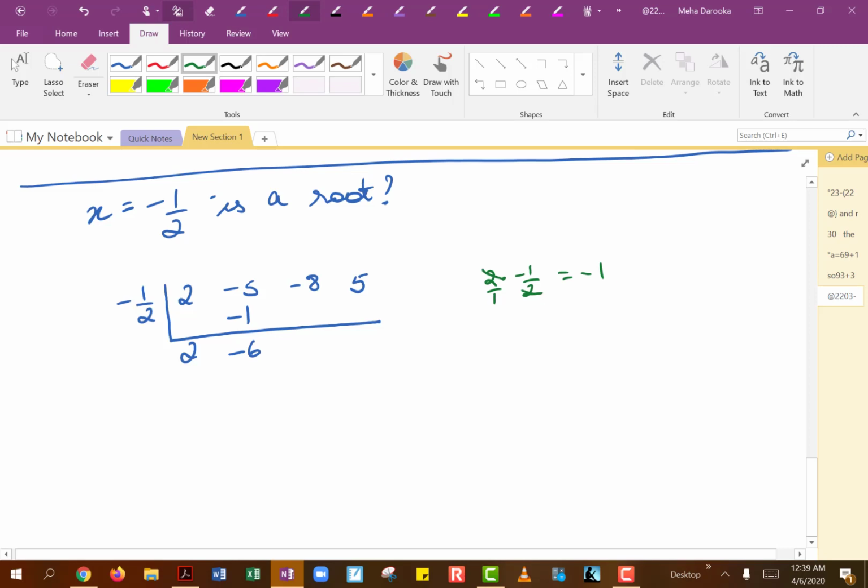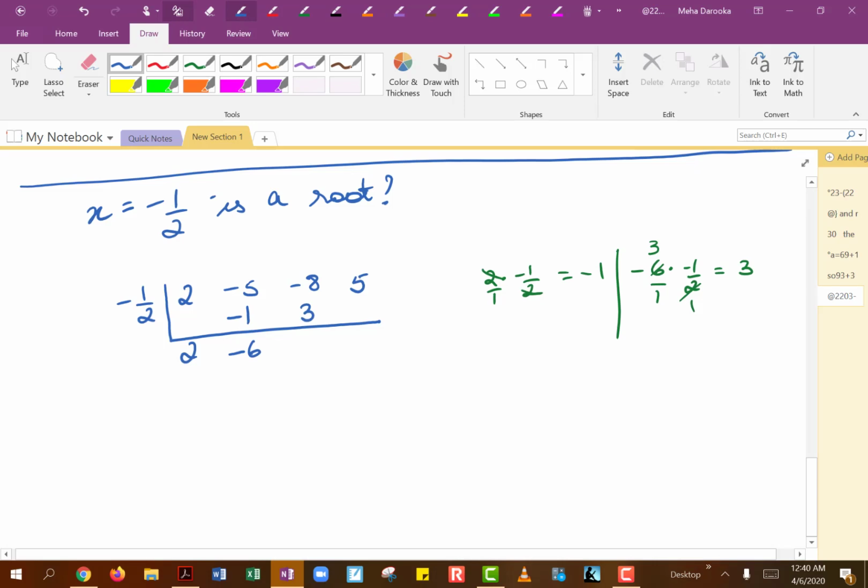Then we are multiplying negative 6 with negative 1/2. So 2 goes into 6 3 times. So that's negative 3 times negative 1, which will be positive 3. So then this becomes a positive 3.